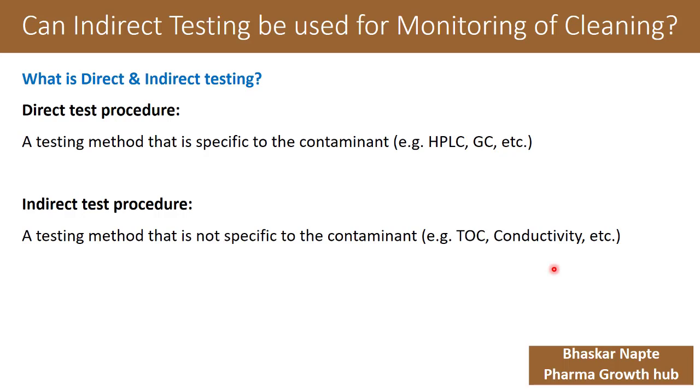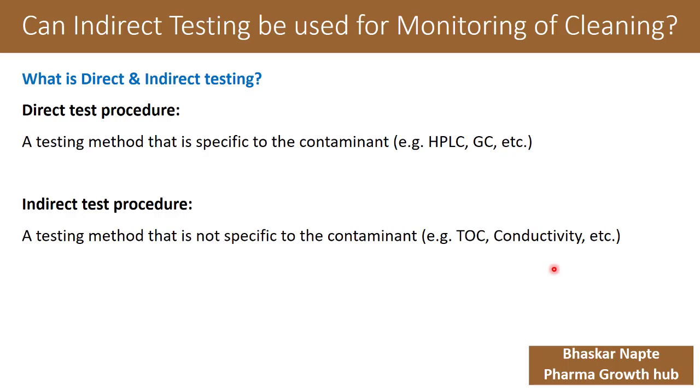Or you can get a conductivity out of all the components present in your sample. And you cannot say that this conductivity result belongs only to paracetamol present in a sample. So it is always a collective measurement out of the components which can respond to that particular technique. So you are not guaranteed sometimes, if there is X component present in a sample, whether it will respond on the TOC. It may not.